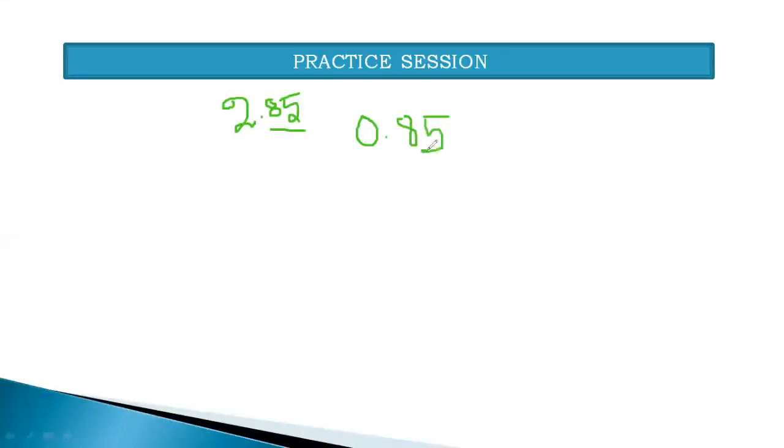Multiply this number by 2 and the output will be 1.70. Extract the number given before the decimal point, that is 1.